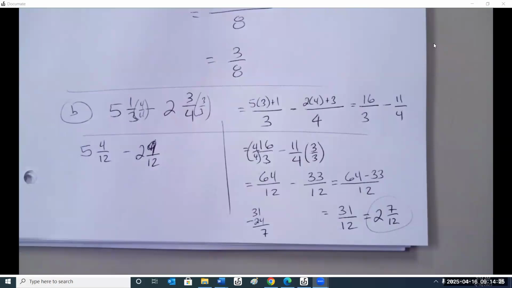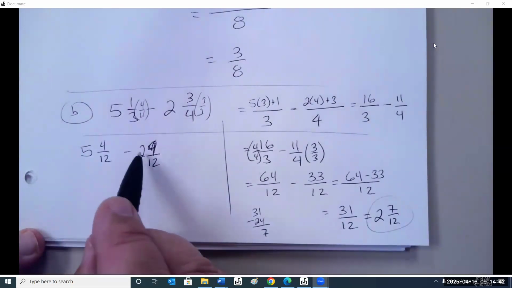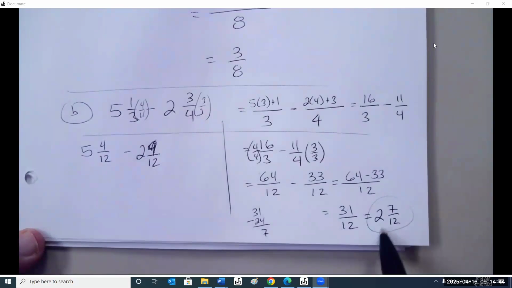So what do we have to do first? But think about it. What's missing? Is this number negative?